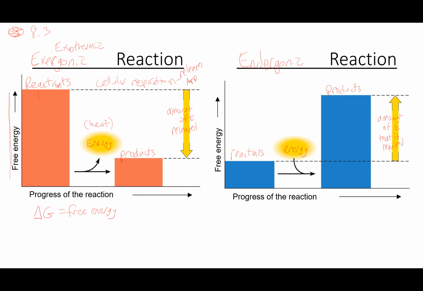So how much energy has to be input? This energy comes from somewhere, from the surroundings. If we're talking about photosynthesis, where is that energy coming from? It's coming from the sun.